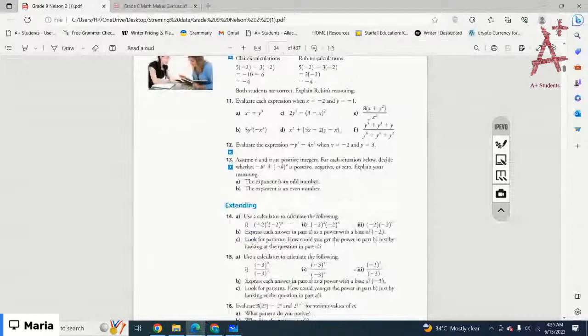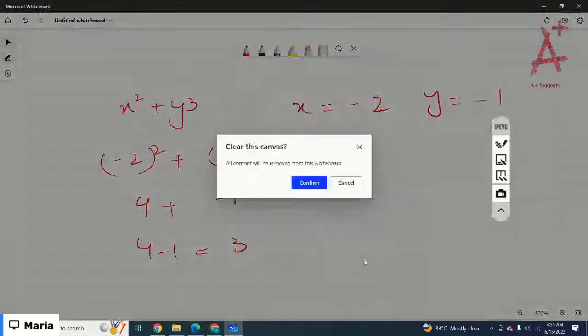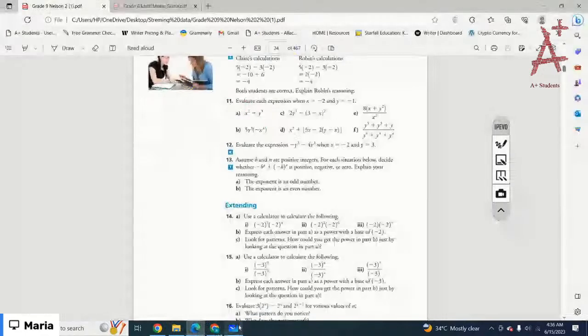Okay, let's just do the f. y5 plus y3 plus y over y6 plus y4 plus y square.